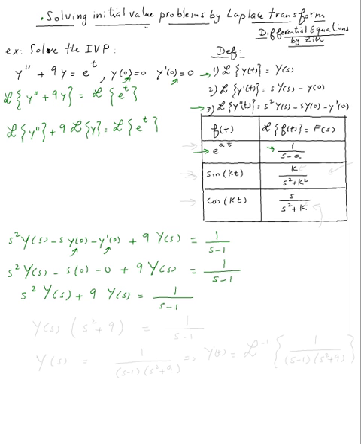Our goal again is to find Y of s, so we can take the inverse Laplace transform. If you factor out Y of s, you get s squared plus 9, which is equal to 1 over s minus 1. So Y of s is equal to, if you divide, you go straight to the bottom.